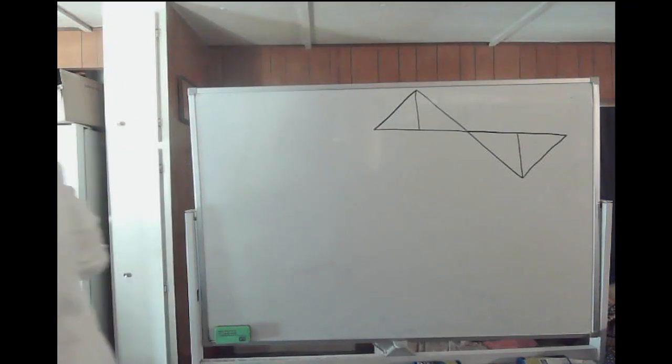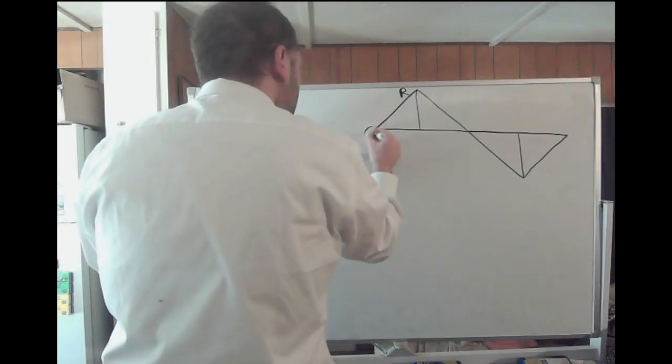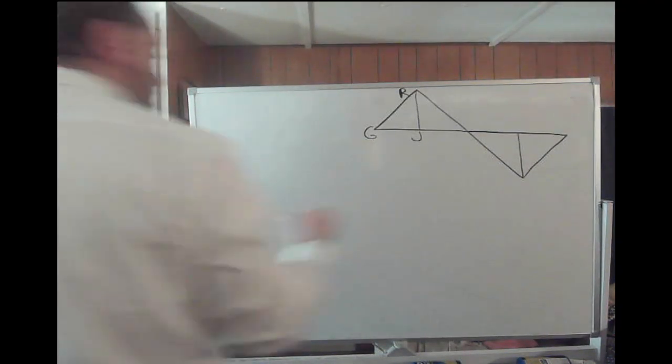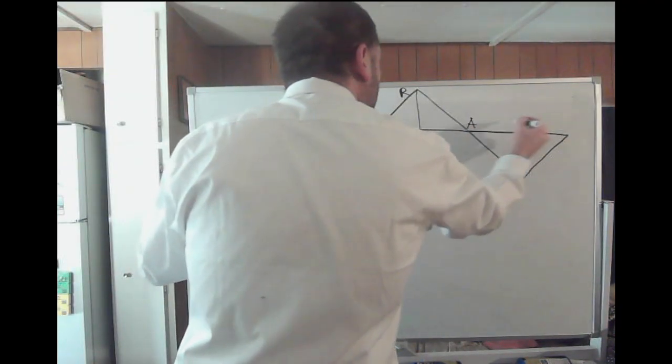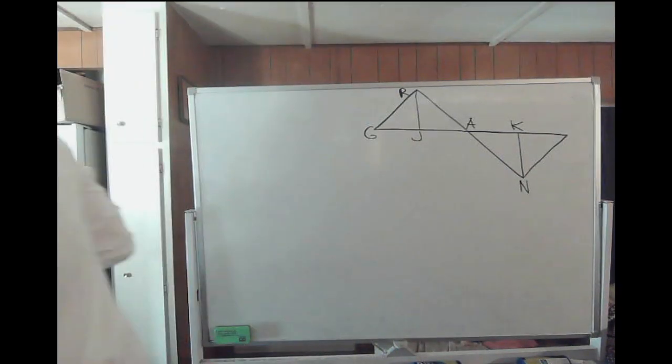We label the vertices R, G, J, A, K, N, and then what's the far right one?